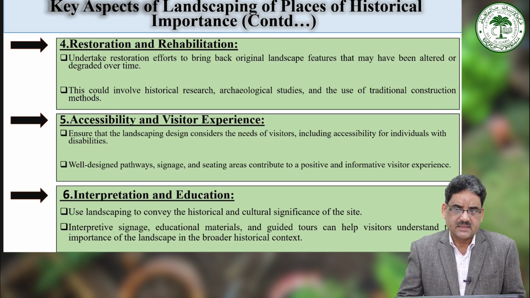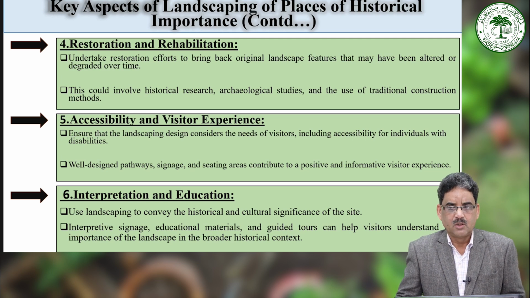The sixth aspect is interpretation and education. It refers to the utilization of landscaping to show why the place is important historically and culturally. Signs that explain things, educational materials, and guided tours can help visitors grasp the significance of the landscape in the overall historical picture.